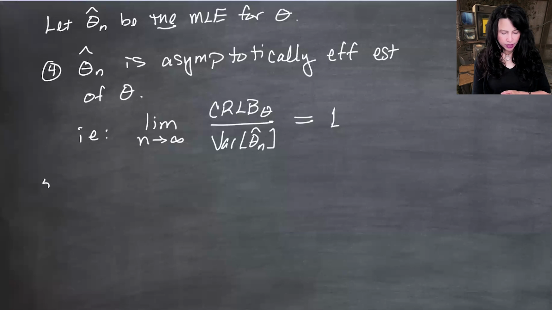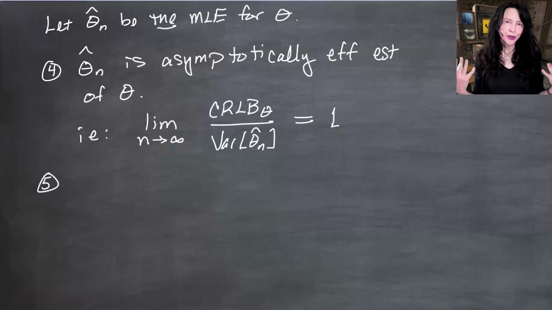In the interest of moving it along, I am going to skip the proof here, but you can kind of see this result in the next property, our final property for MLEs. It was about asymptotic normality.